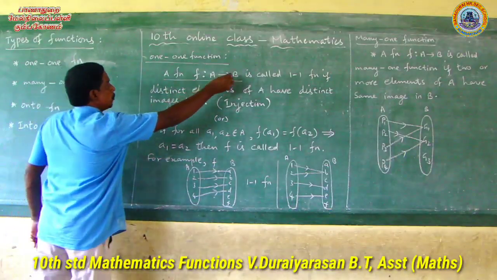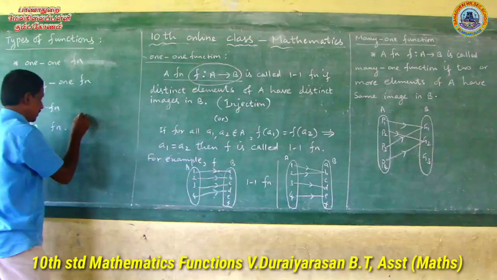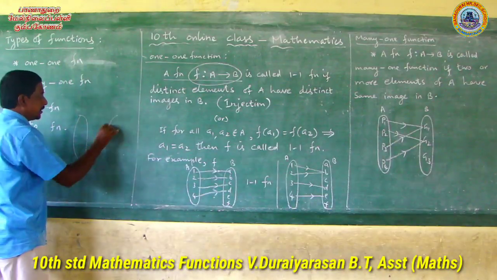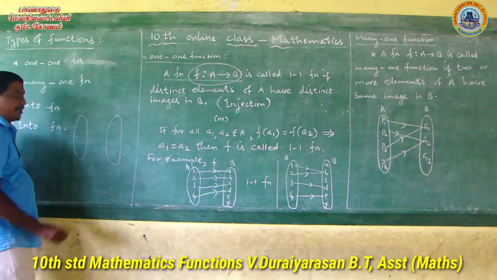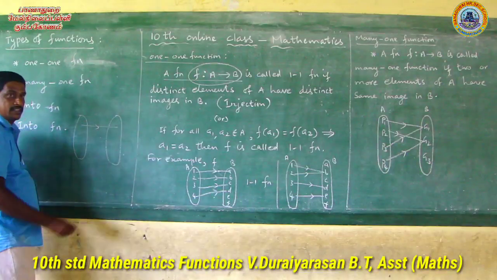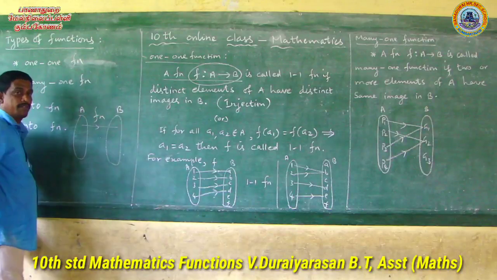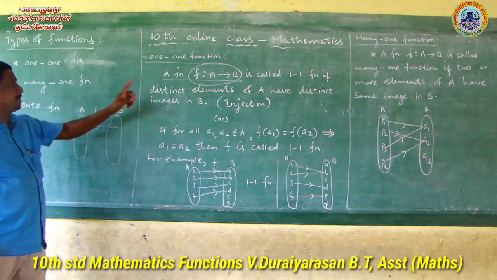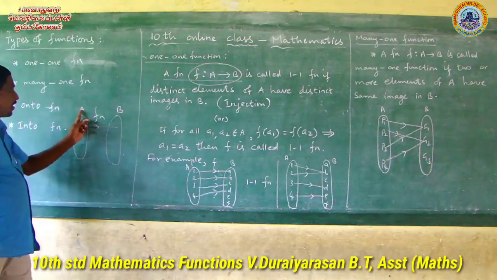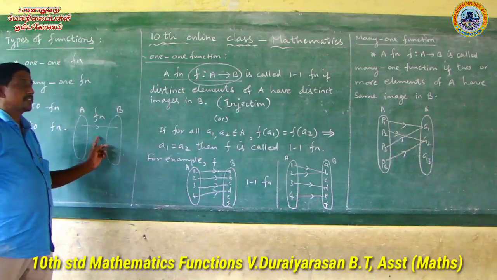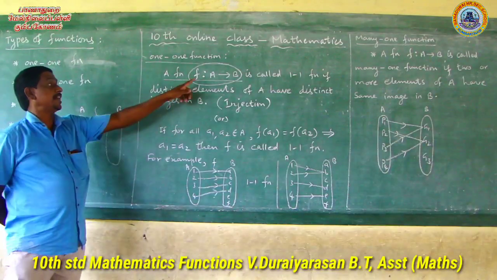This is the domain, this is the codomain, connected with, that is a function. This is A, this is B. f means function from A to B. This is the notation of function.